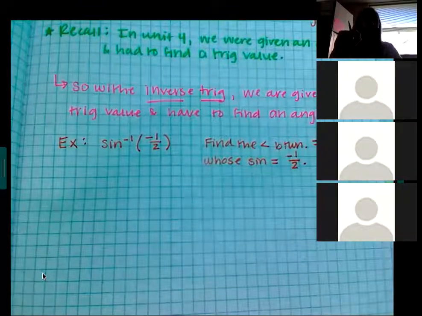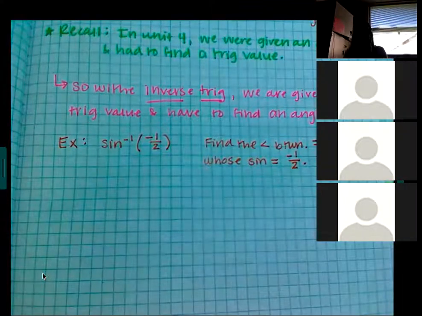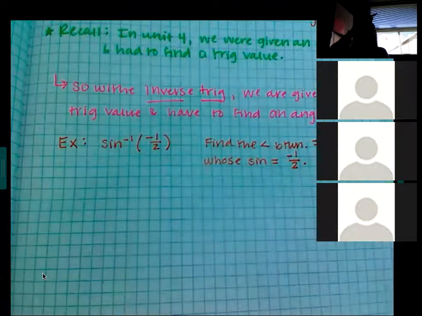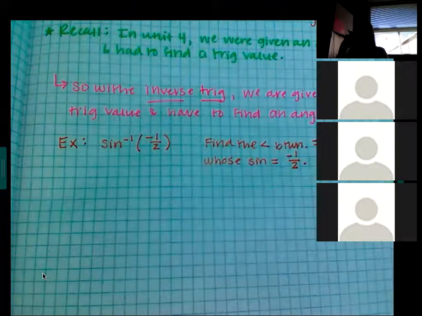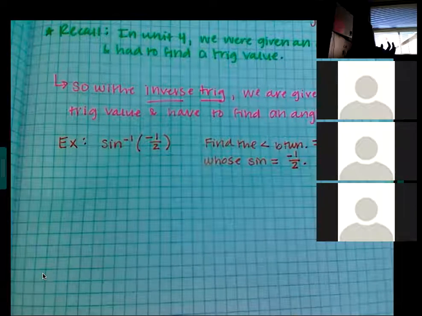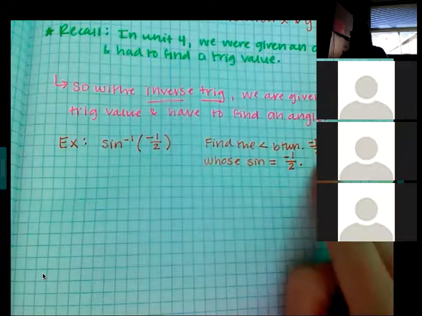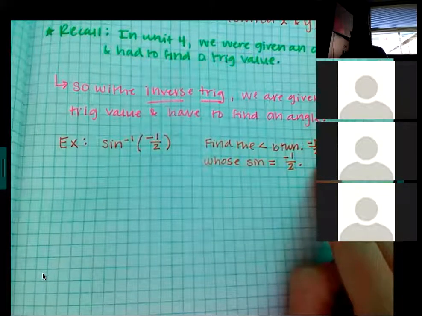There's no asymptotes or anything. So if I want it to be continuous from quadrant 1 to quadrant 4, that means I can have the positive angle or the negative, and that's it. Are y'all following me? Because I always have kids not understand this part, and this is the most important part. Because if you're not looking in the right quadrants, you're not going to get the right answer.